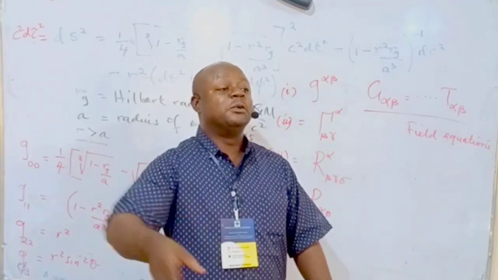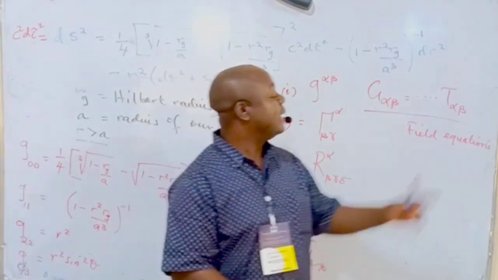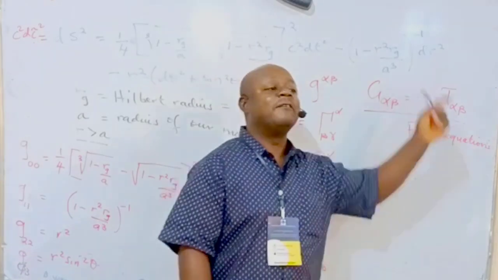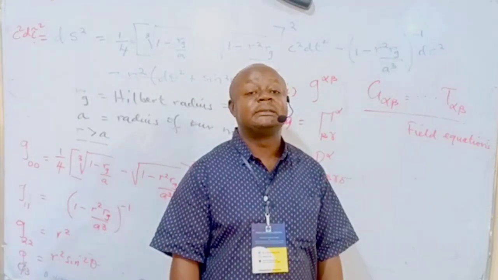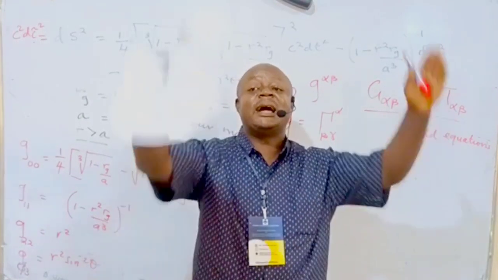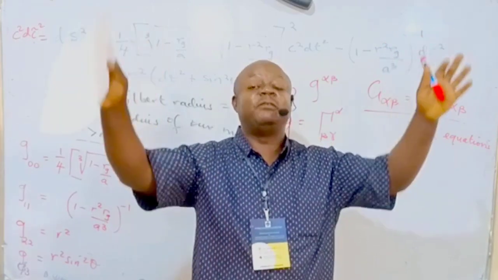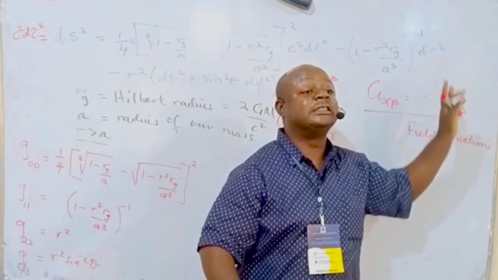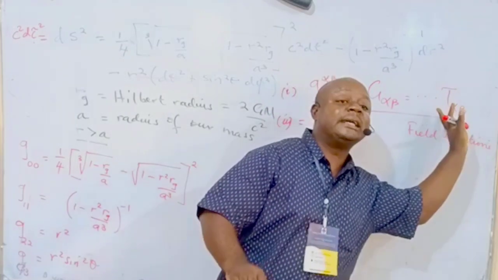If you want to go a step further, you can decide to look for a stress tensor and fit it on the right-hand side. Maybe you assume that your star is placed in a perfect fluid. Then you look for a stress tensor for a perfect fluid and insert it here.